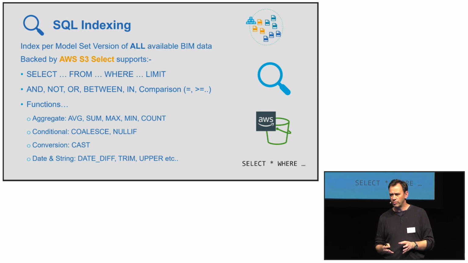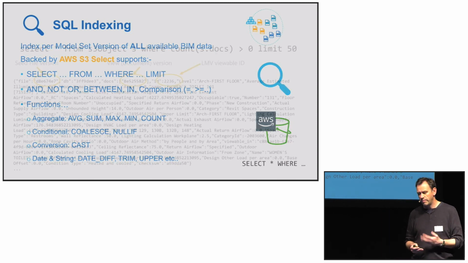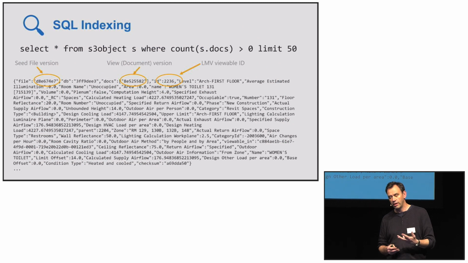The only thing you can't do is group by, but the rest are pretty much there. So you can see an example here where we're basically looking to bring back all the viewable objects in a model set version, up to 50 objects, basically.